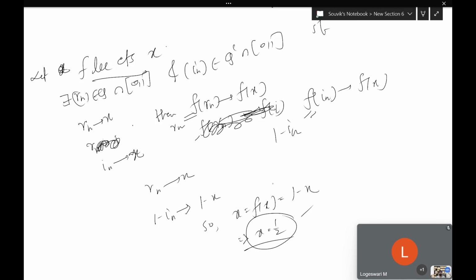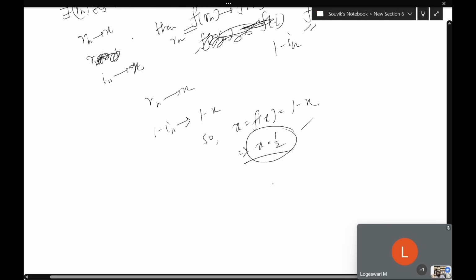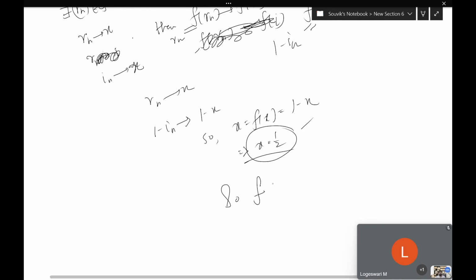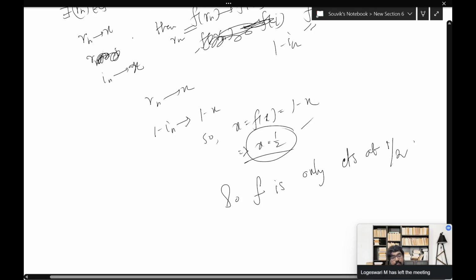So f is only continuous at half. Okay, so this was the one problem.